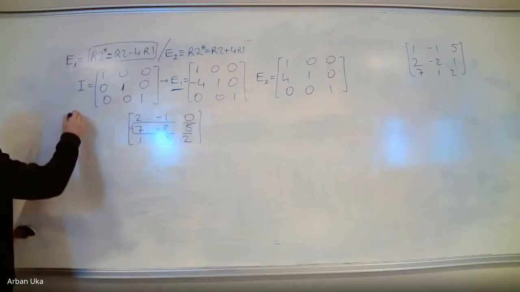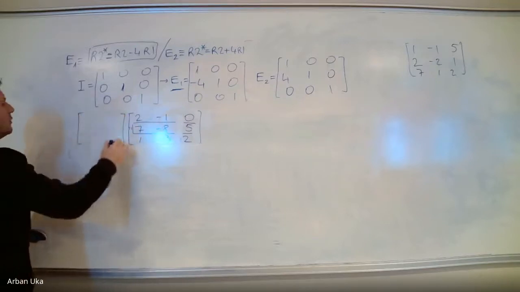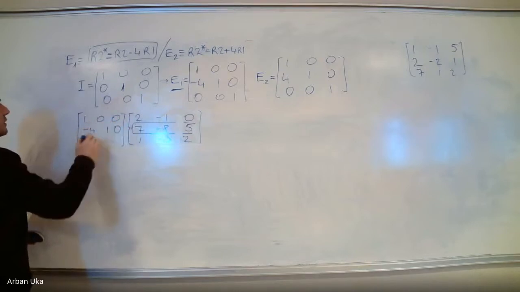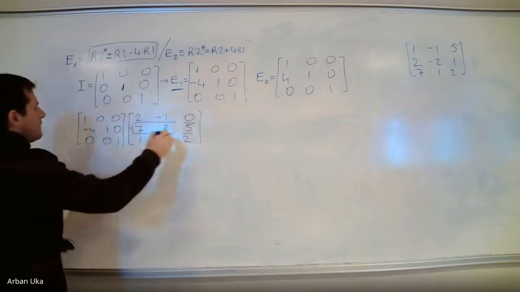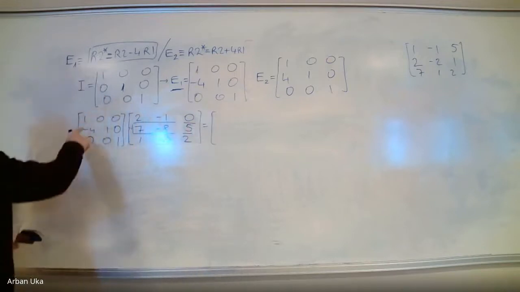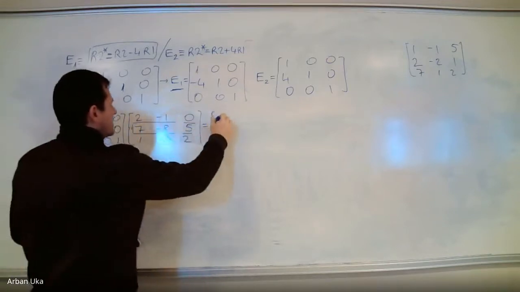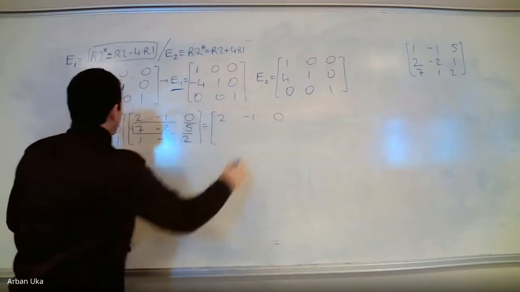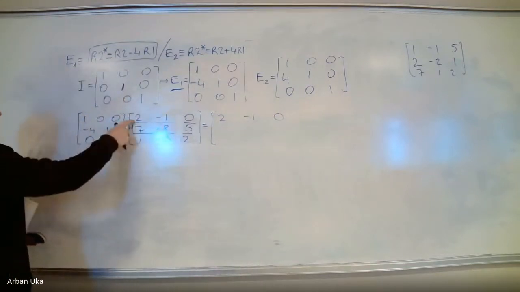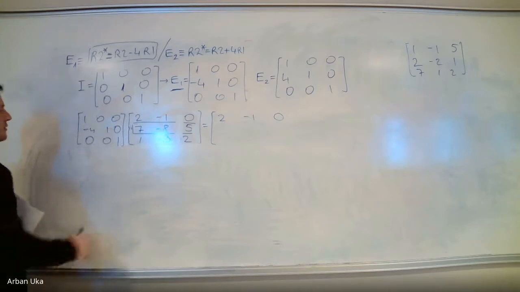And let's multiply this one with E1: 1, 0, 0, minus 4, 1, 0, 0, 0, 1. What is this equal to? Okay. 1, 0, 0, if it multiplies, this will be the same. Then here we have minus 4, minus 4 times 2 is minus 8 plus 7, minus 1.